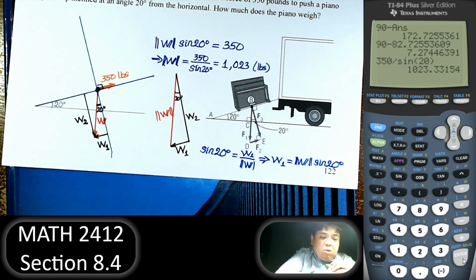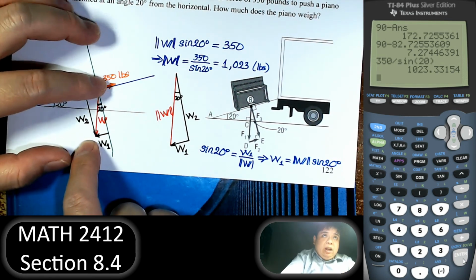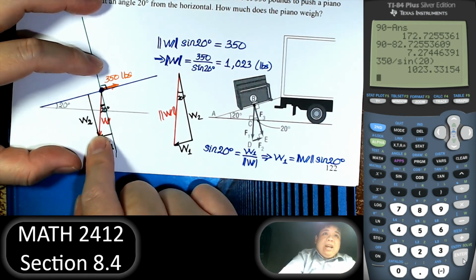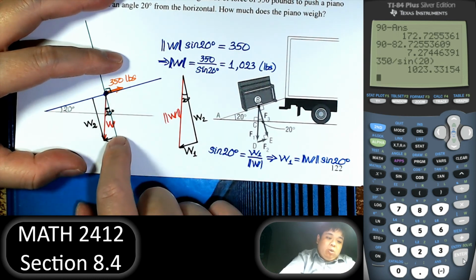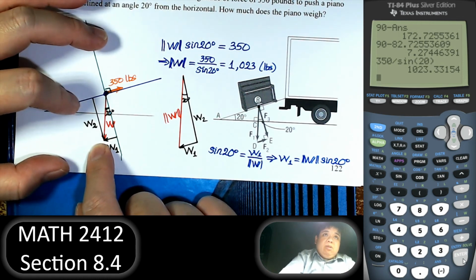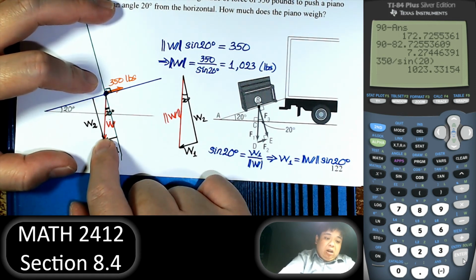So pretty much we just decompose the weight pointing down into two components, one of which is parallel to the inclined plane and one of which is perpendicular to the inclined plane.